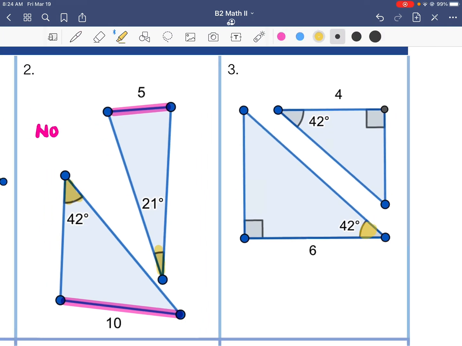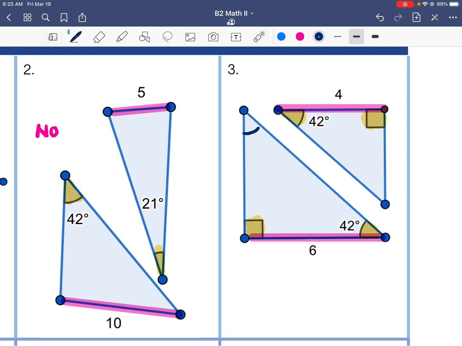Okay, so number 3, we have an angle that's 42 and 42, and then we have two side lengths, a 6 and a 4, and then we have an angle that's 90 degrees right there. So even if we completely ignore the side length, we have two consecutive equal angles, right?